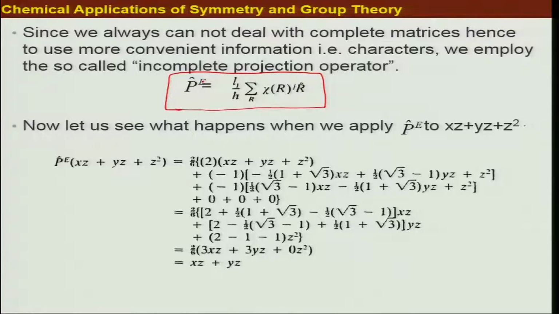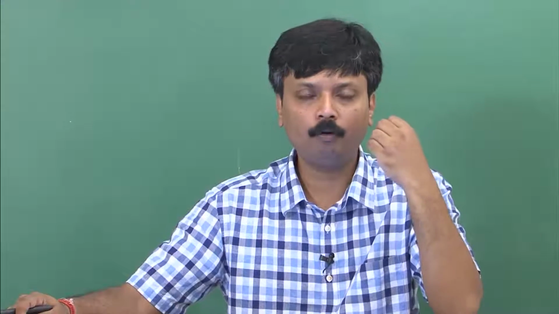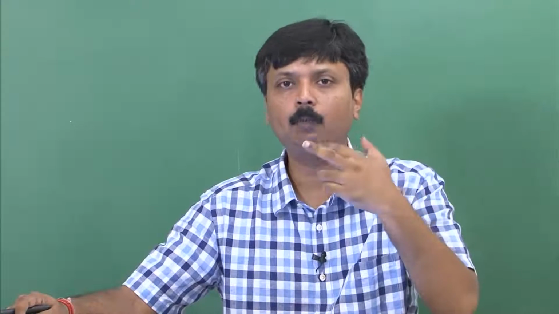Since we have looked at the effect of the complete projection operator on an arbitrary function xz plus yz plus z square, we saw that ultimately with two projection operators, two different functions come out to be the basis of the representation E, and those were xz and yz.